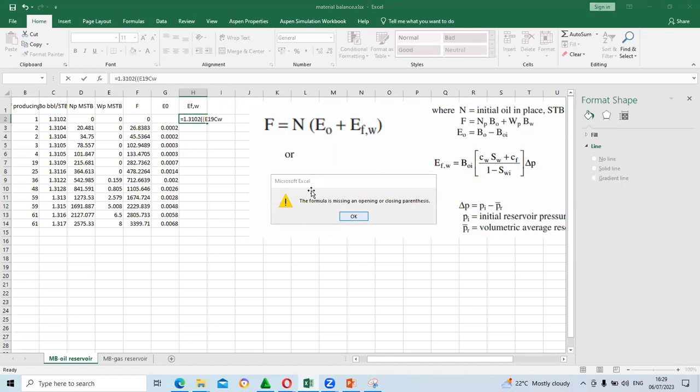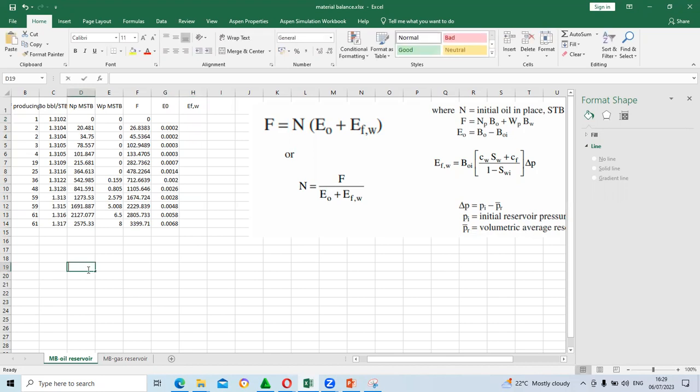I have to cancel this equation because the software will, let's put everything in place first. So we have our CW. Our CW is equal to, what was the value again?